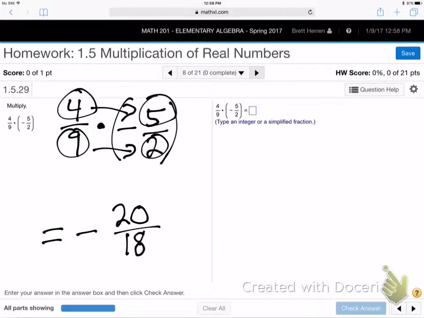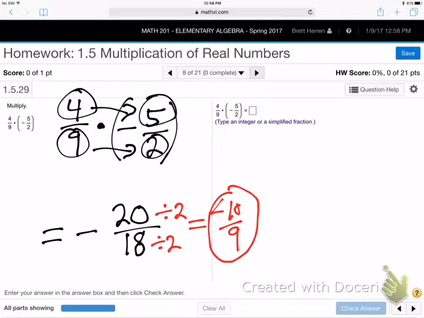What goes into both of those? 2, huh? So I'll divide by 2, and my final answer is negative 10/9. And it's totally okay to leave the top bigger. We have no problem with that. The only thing we can't do is leave it where something could have been divided out. So negative 10/9 is our answer.